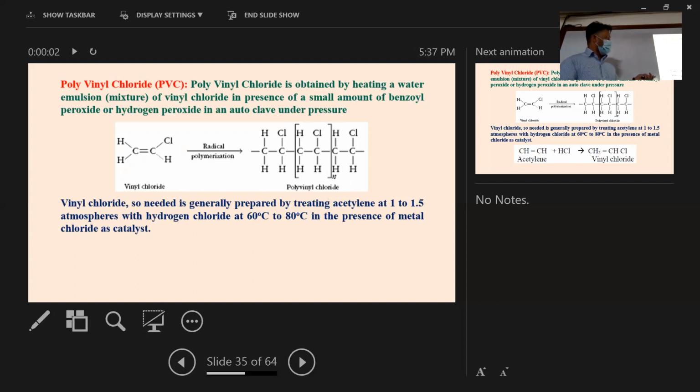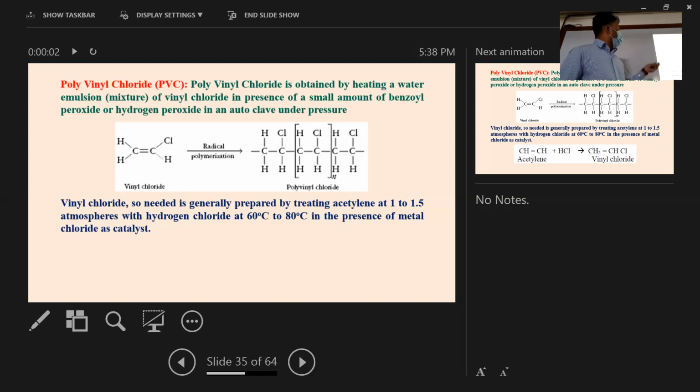Vinyl chloride, so needed, is generally prepared by treating acetylene at 1 to 1.5 atmosphere with hydrogen chloride at 60 to 70 degrees Celsius in the presence of a metal chloride catalyst.